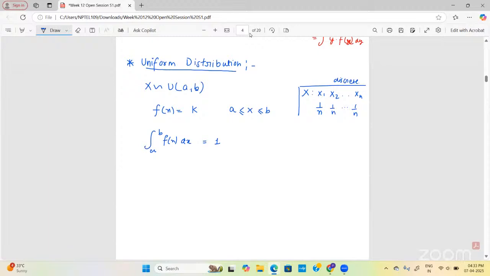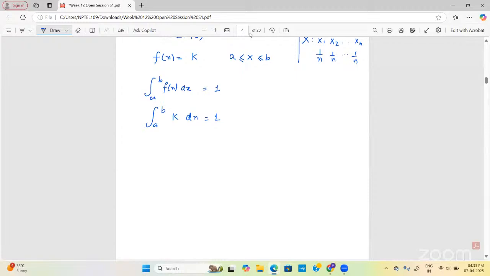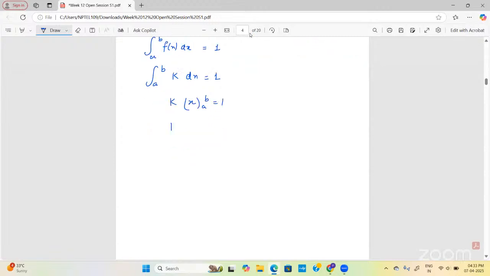Now we are saying the PDF is a constant, so we can write the integral from A to B of K dx should be equal to 1. If I integrate, it will be Kx from A to B equals 1. So K times (B minus A) is equal to 1, so that constant K is equal to 1 upon B minus A, right?